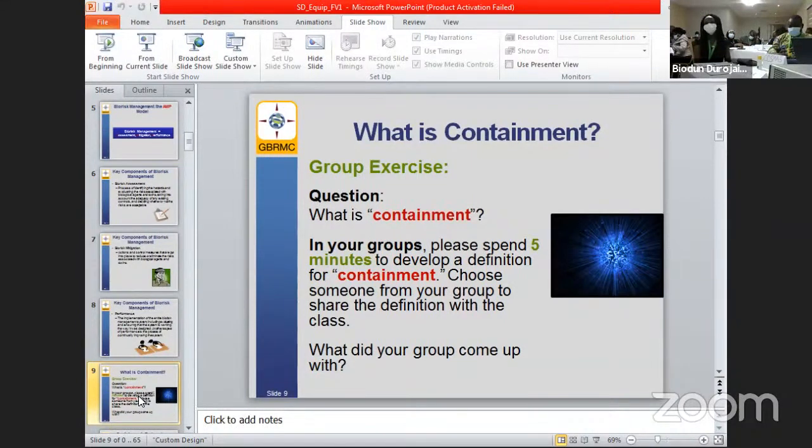In your group, you are going to have a representative, but your group will take the next 3 minutes to compare notes between yourselves and arrive at a definition for containment that your representative will now come out here and write.